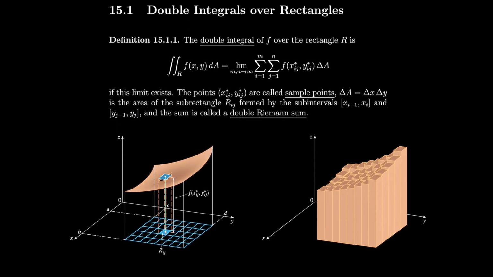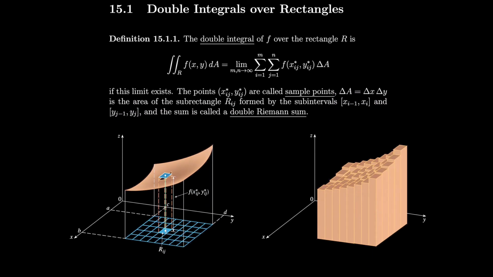So what this looks like is we take some surface and we look at patches of the surface over some rectangular region. We chop up the rectangular region into tons of little tiny subrectangles, and then we look at a single sample point in each of those subrectangles, and we look at the f value, or the z value, of that sample point.